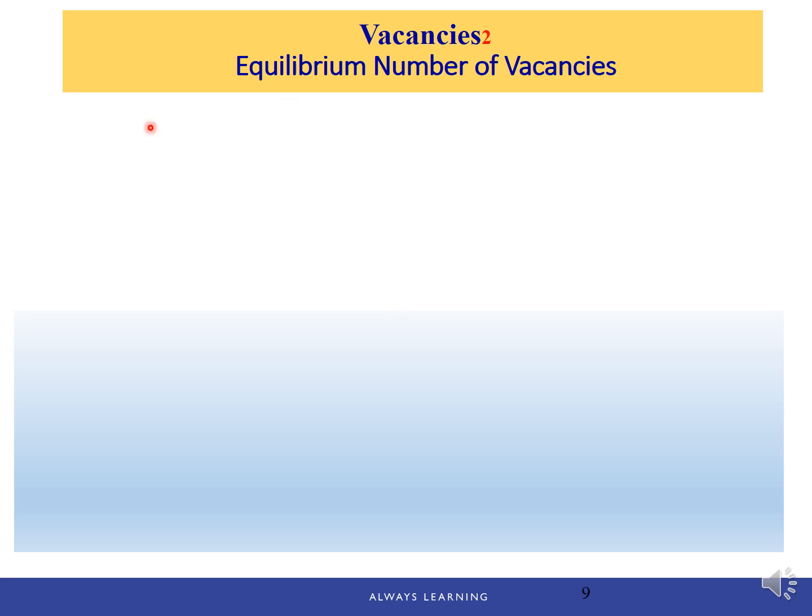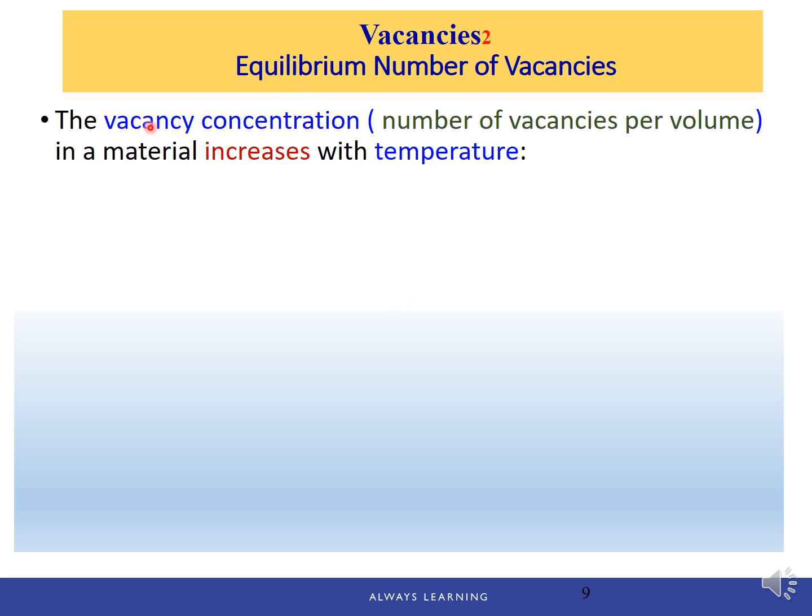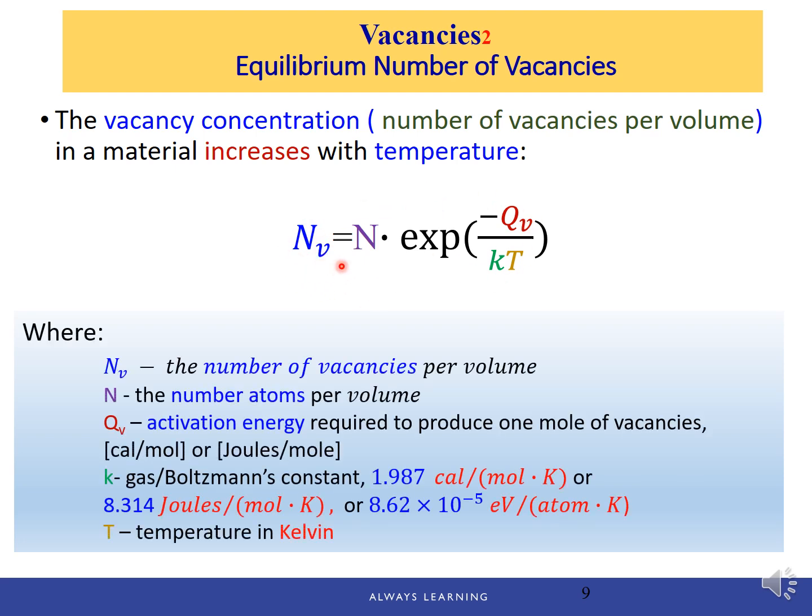The number of vacancies in the material is not constant. In fact, the vacancy concentration, or the equilibrium number of vacancies, will increase with temperature. The relation between the vacancy concentration and the temperature is expressed in this equation, where N_V is the number of vacancies per volume.